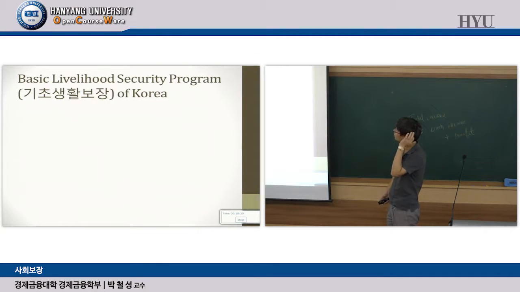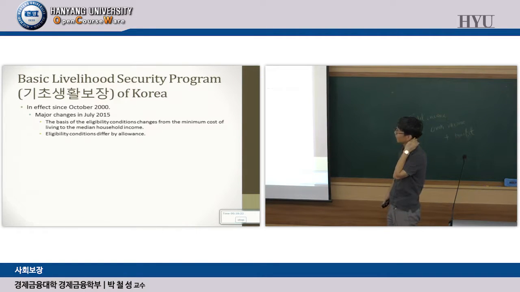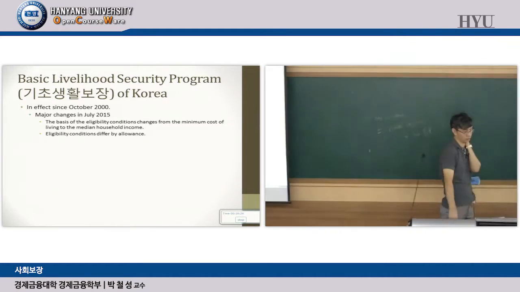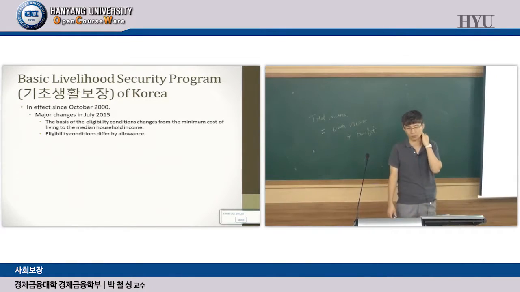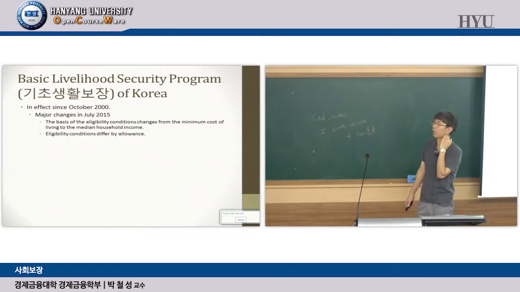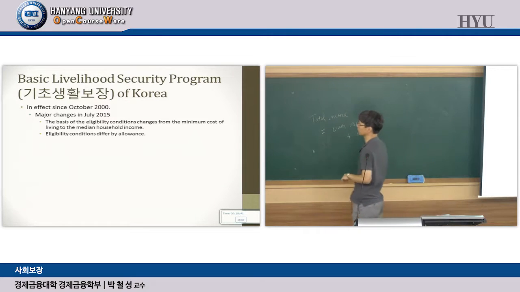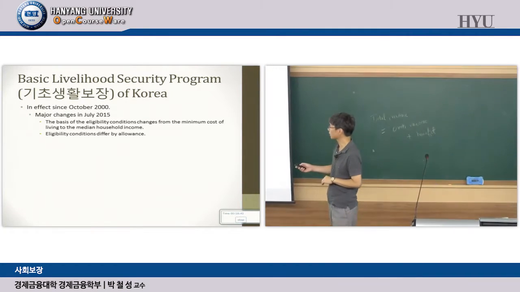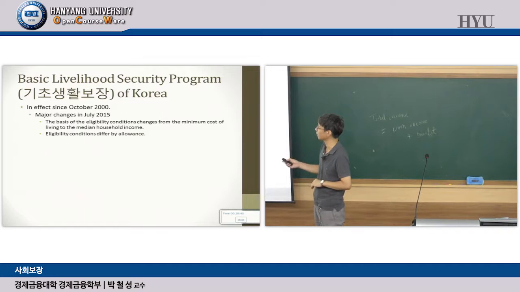This program has been in effect since October 2000. So it's about a 15-year-old program. Korea had other welfare programs before that year, but this program itself started in October 2000. This program has been pretty much the same up to July 2015.